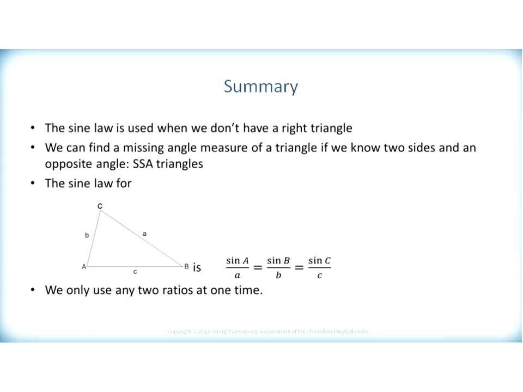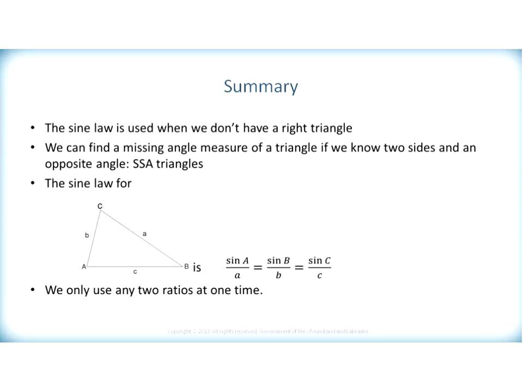So to summarize this, once again, we're using sine law because we don't have a right triangle. We didn't have a right triangle in either of the examples we looked at today. And when we don't have a right triangle, we can use the sine law to find a missing angle in a triangle if we know two sides and an opposite angle. So SSA triangles.